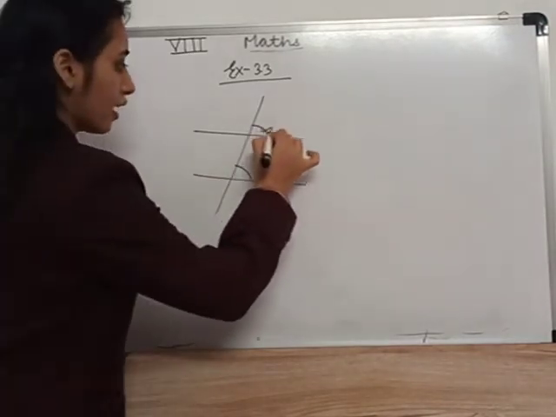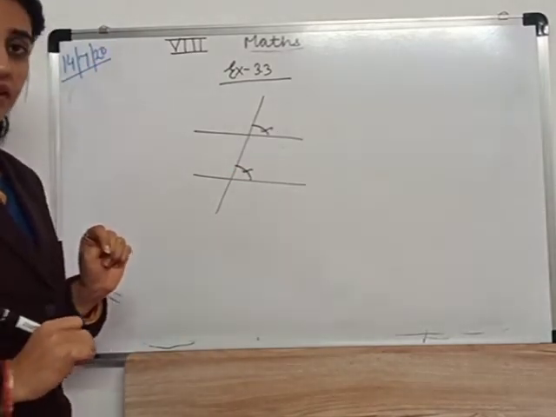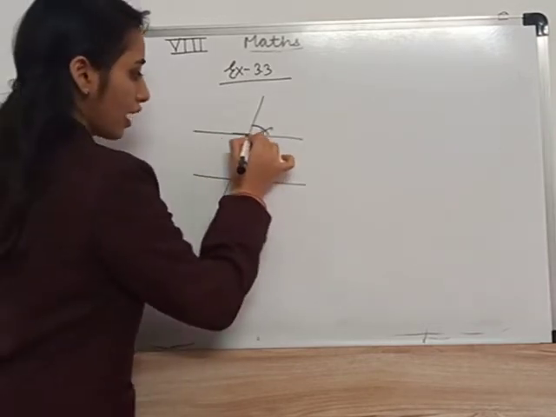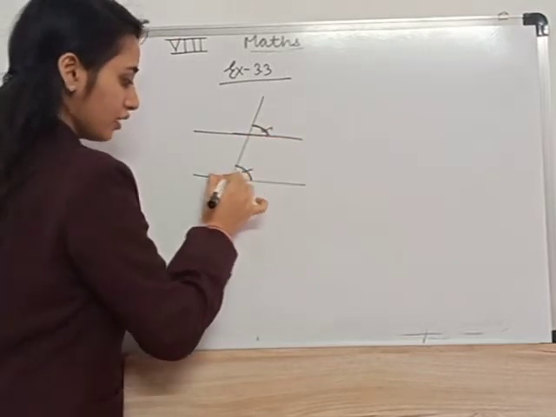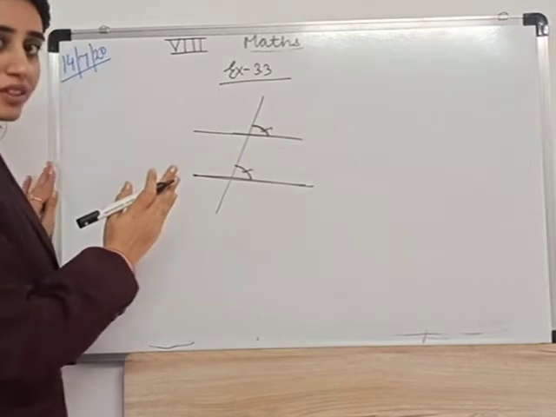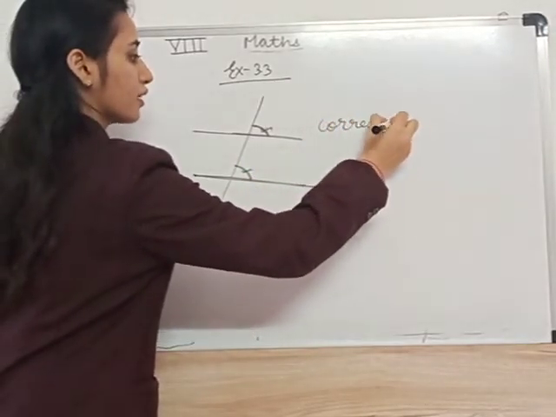These angles are equal and they are called corresponding angles. They lie on one line and the other line, on the same side of the transversal line.